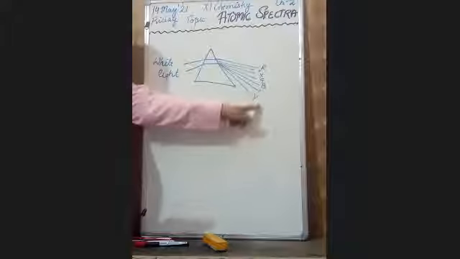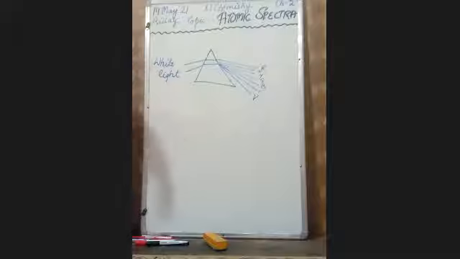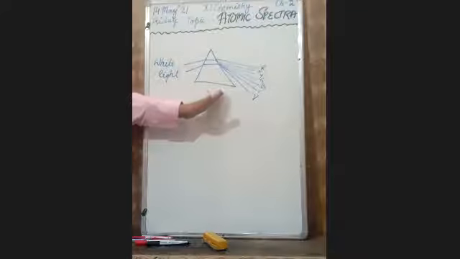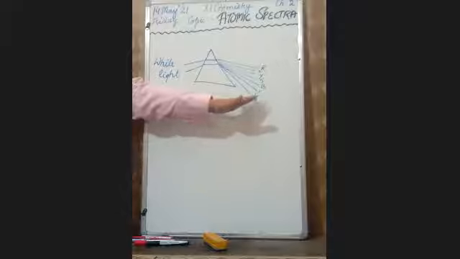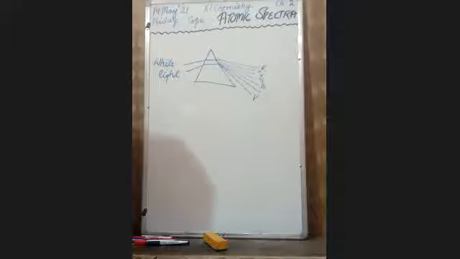VIBGYOR means violet, indigo, blue, green, yellow, orange, red. When we pass white light through a prism, it breaks down into 7 colors and forms VIBGYOR.